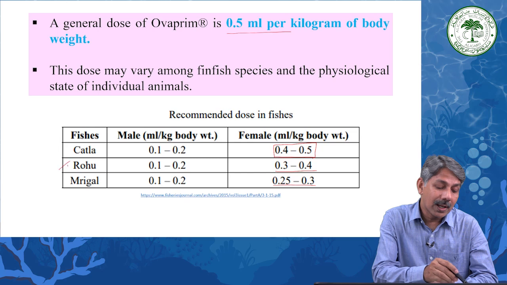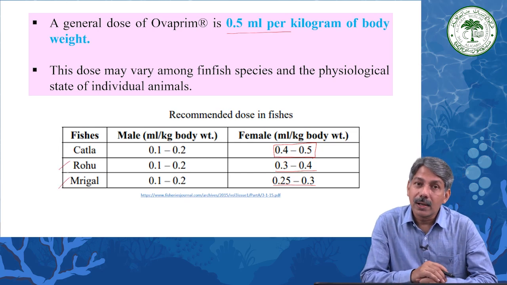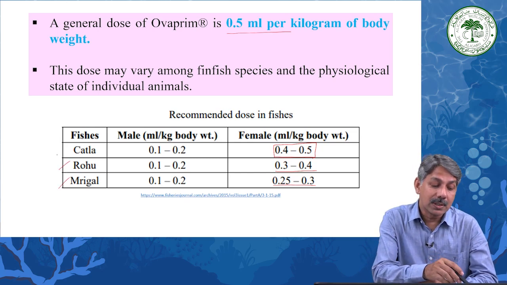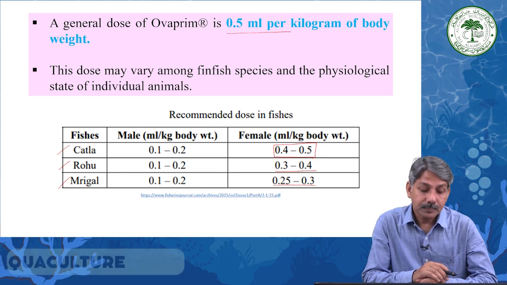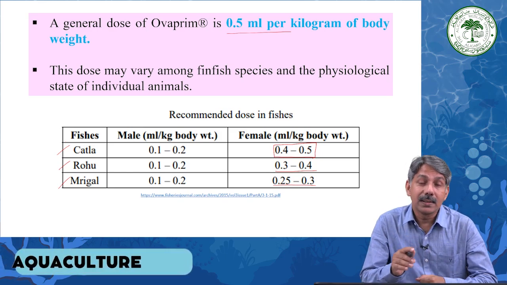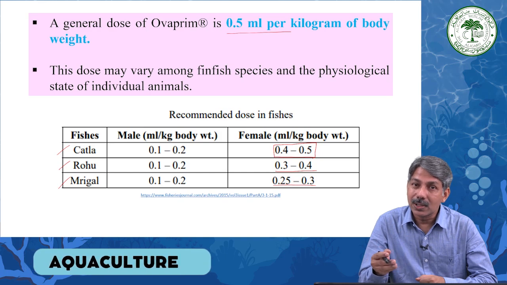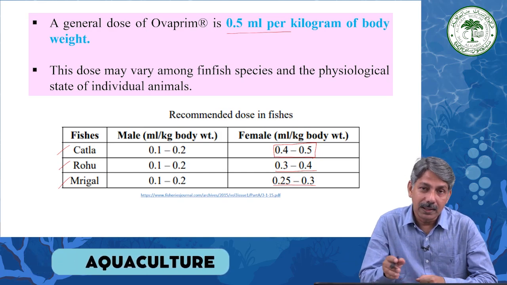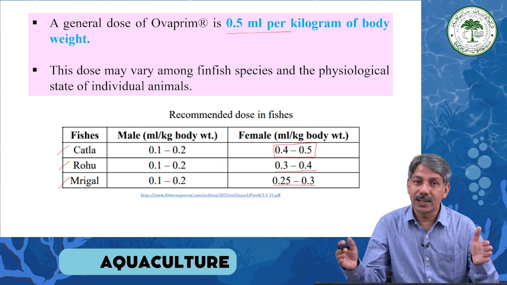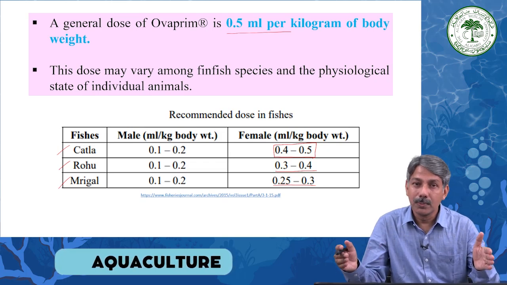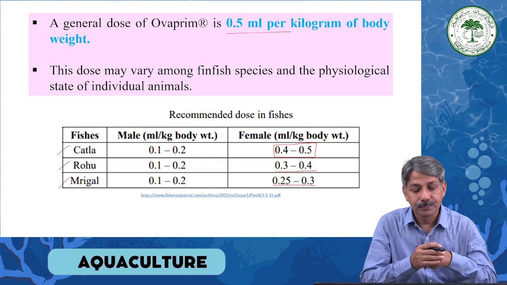Rohu was responding well, mrigal was responding well, but katla was not responding. Katla was not breeding easily. So what we did, we were doing this in a breeding hapa. Hapa concept I explained to you in my earlier lecture: the enclosure of muslin cloth which is fixed with the help of bamboo poles inside the pond.